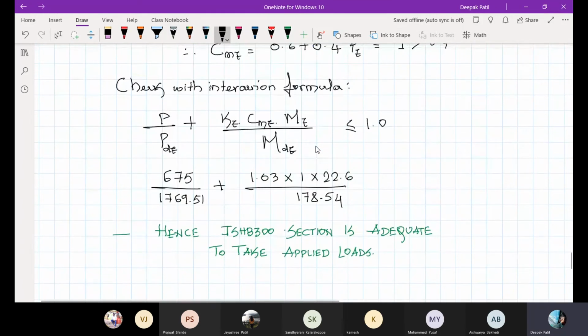Let us check how much it will be. 0.03 times 1 times 22.6 divided by 178.54, plus 675 divided by 1769.51, which comes out to be 0.51, which is less than 1.0. Hence, the ISHB 300 section is adequate to take the applied loads.